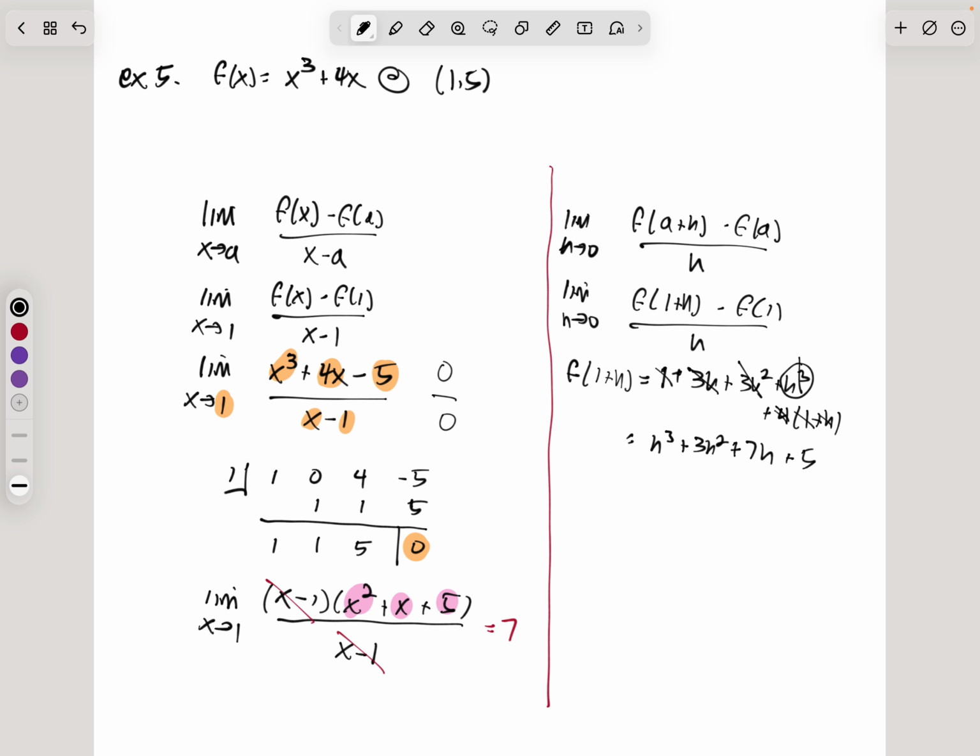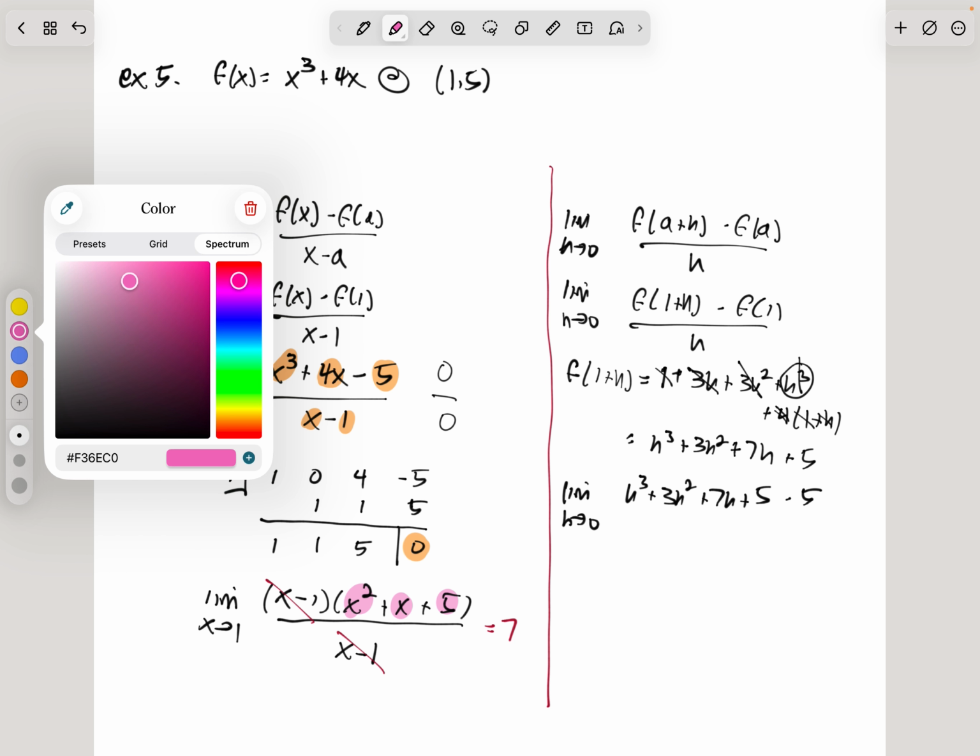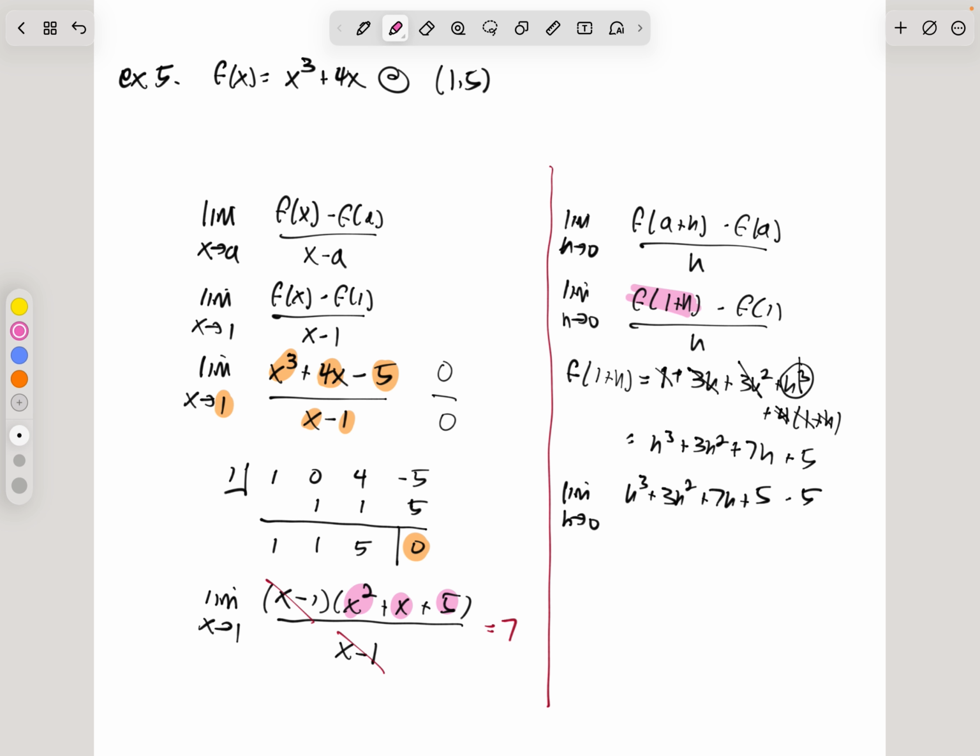Okay, so now I can go back to my limit. The limit as h goes to 0 of f of 1 plus h minus f of a, which is 5. And just for illustrative purposes, f of 1 plus h is this guy, f of 1 is this guy.